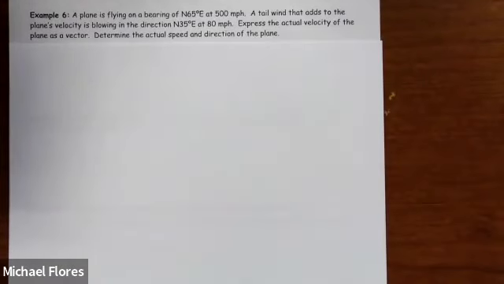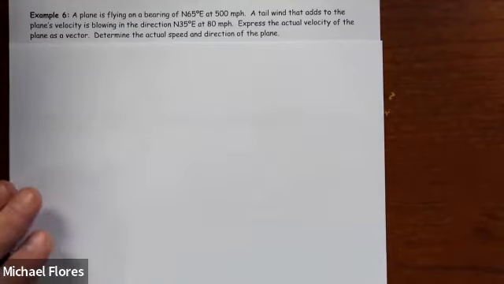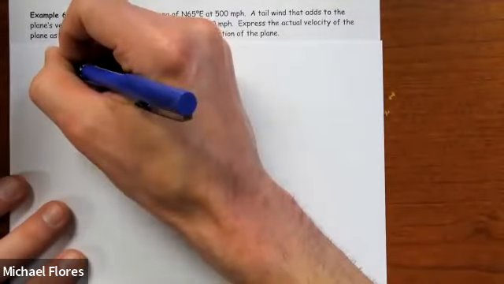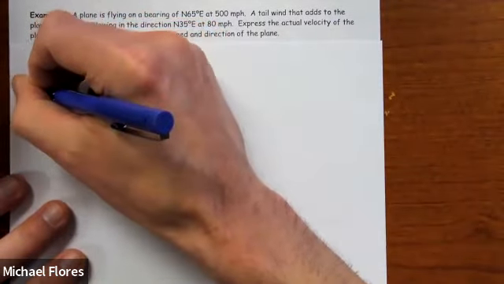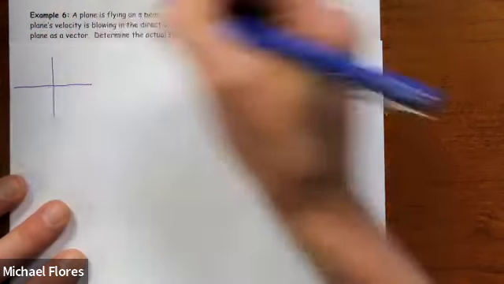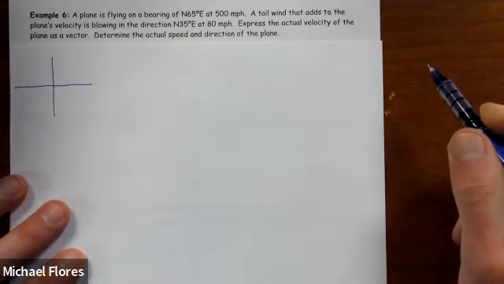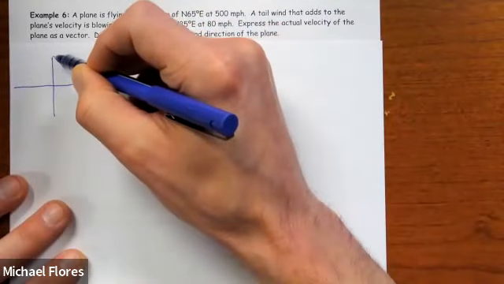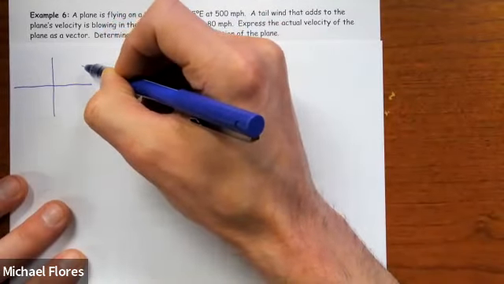Example 6, a plane is flying on a bearing of north 65 degrees east at 500 miles per hour. I'm going to stop there, and I'm going to start plotting down that information. So this plane is flying at a bearing of north 65 degrees east. So from the north, we're going to do about a 65-degree rotation towards the east.